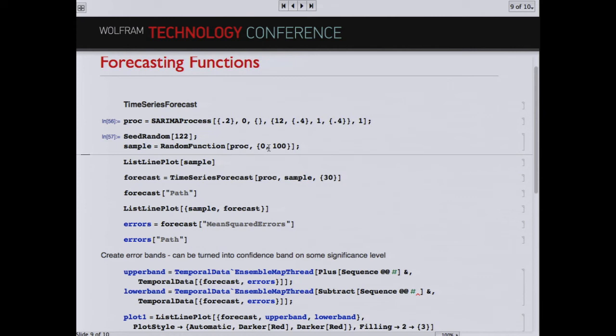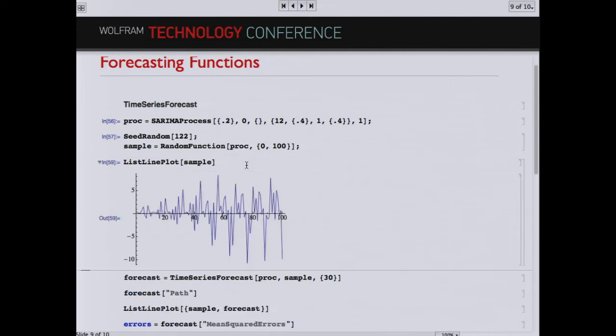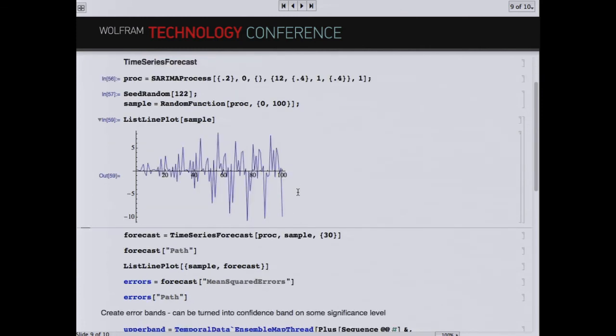So what we have here is the sample. So I can sample this and see that as we proceed with the season, our process is varying more and more because of this integrating order that happens here in the seasonal part of the coefficients.